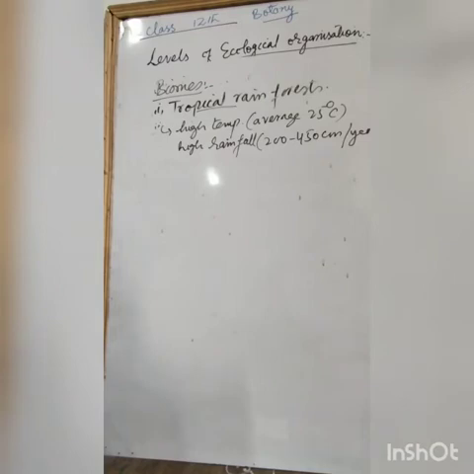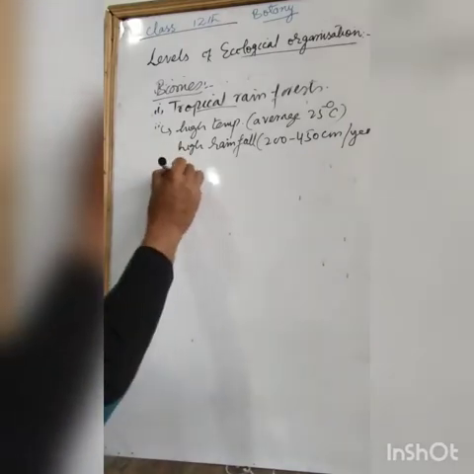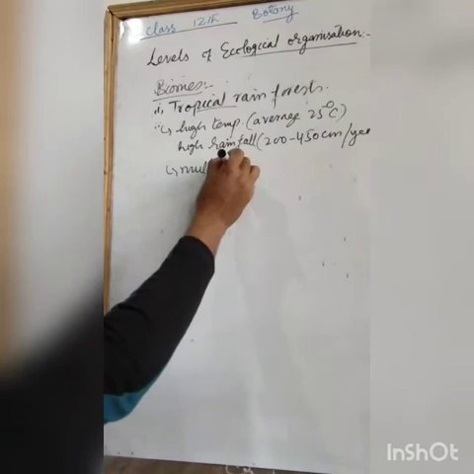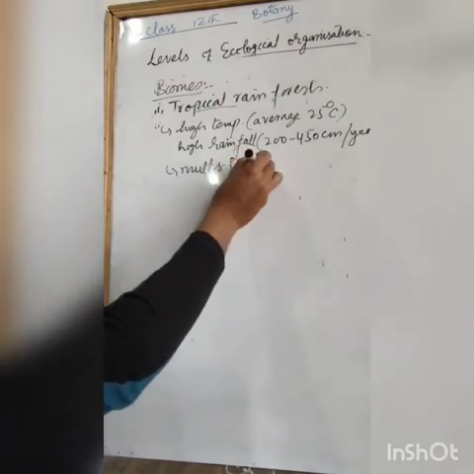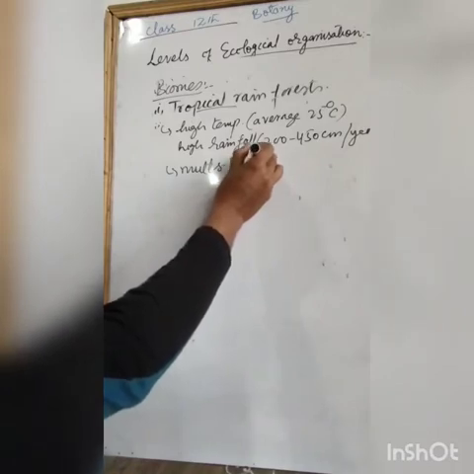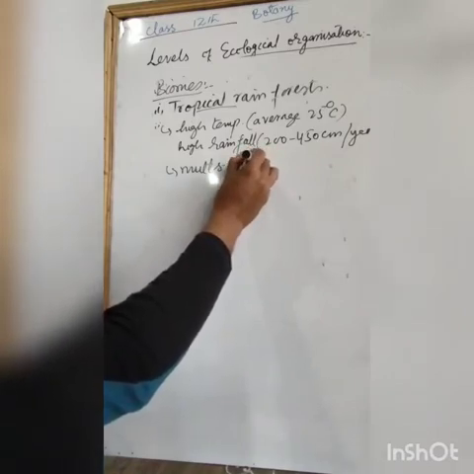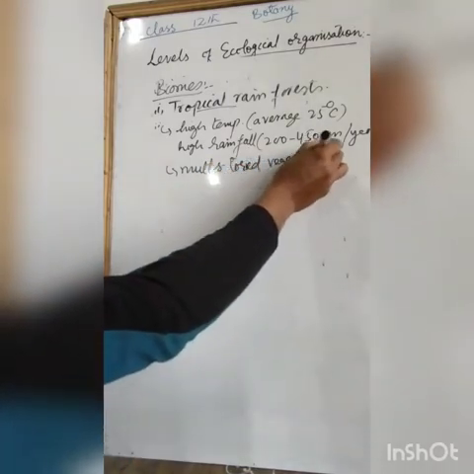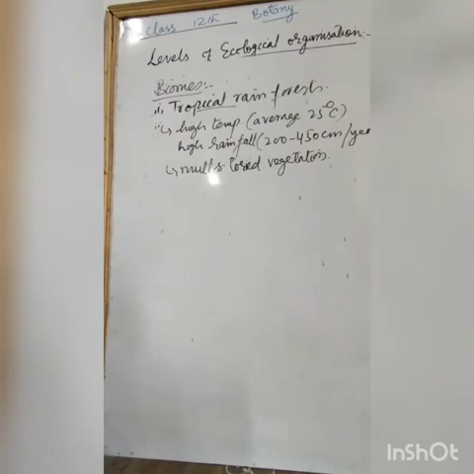And these are characterized by multi-storied vegetation. That is, there are canopies.